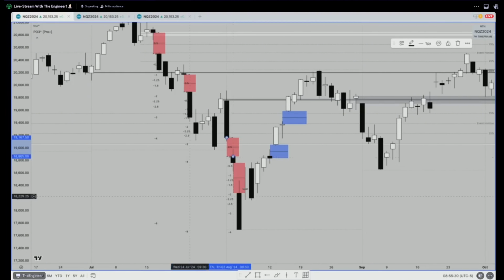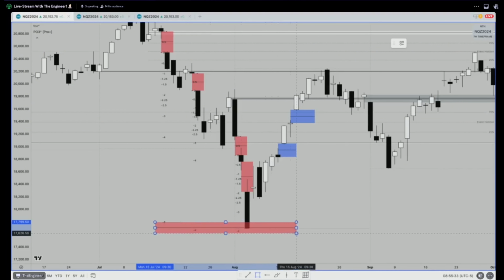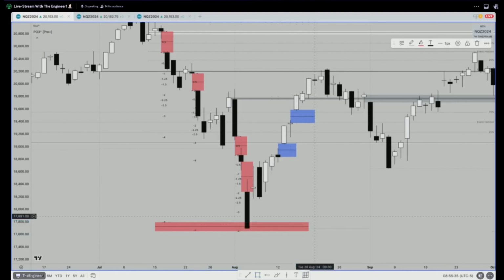So we are measuring this breakaway gap, breakaway gap, breakaway gap, and now we have a range to work with: 4, 8 standard deviations to anticipate a reversal around this area.